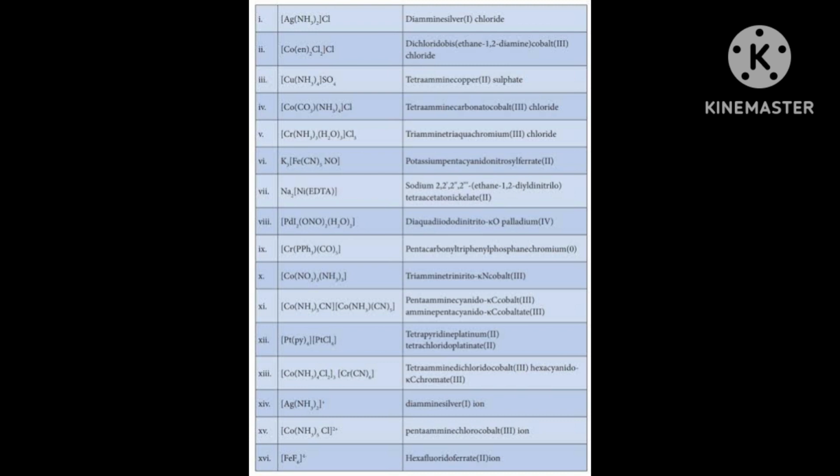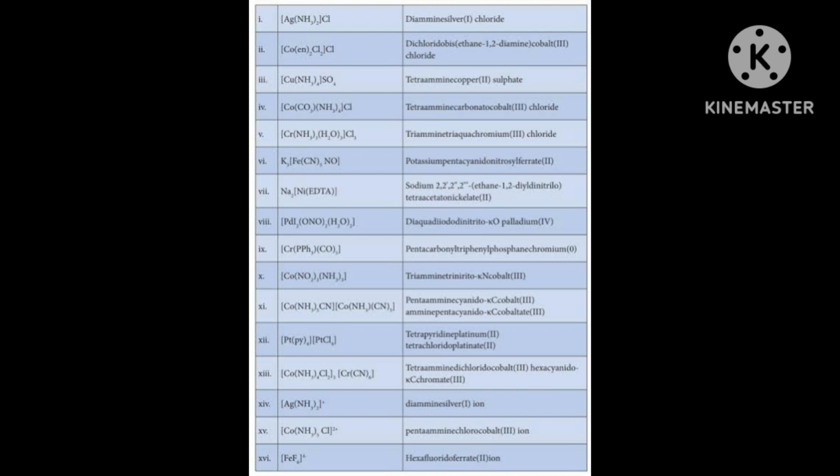Then how will you write? I will do the nomenclature, it is very easy. First you do the cation [Ag(NH3)2]. For the 2 you write di, NH3 is there, so you write amine. Diamine. After that the cation name, silver(I), because here the silver oxidation state is 1.